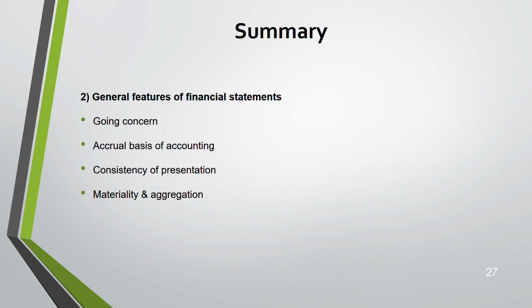Materiality and aggregation. Anything that is material, show separately. Anything immaterial, aggregate and show. Offsetting. Your income, expenses or asset and liability need to be shown separately. You cannot deduct and show unless an IFRS standard says so. Comparative information needs to be shown so you can compare with the previous year. Okay. So these are the 6 features.